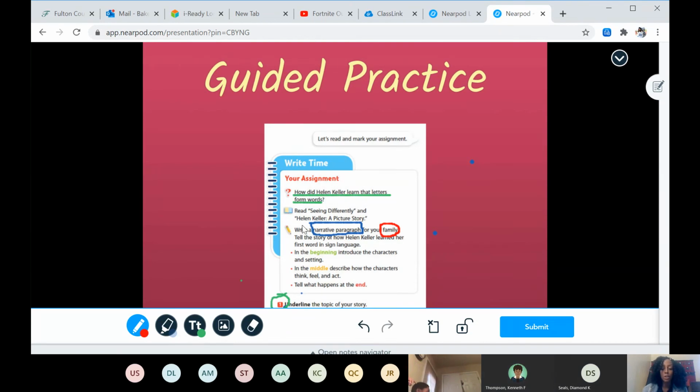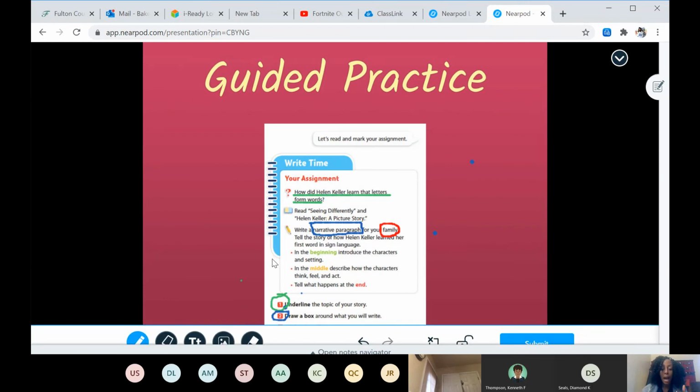So this is what your screen should look like. We are practicing how to unpack your assignment. So whenever Ms. Baker gives you an assignment, you're going to be practicing these 3 things. You're going to underline what your topic is. And our topic was, how did Helen Keller learn that letters form words?